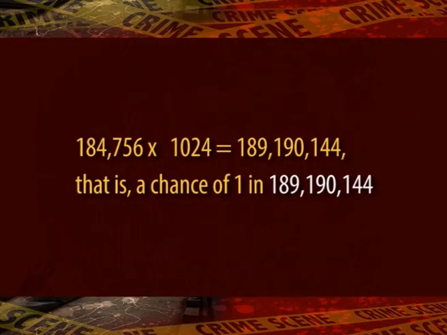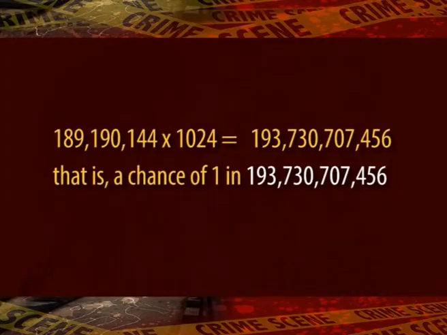shape, then the chance of two grooves from different weapons accidentally matching under these criteria is 1,84,756 into 1024, which comes out to be a number given on your screen. That is a chance of 1 in the number on your screen.